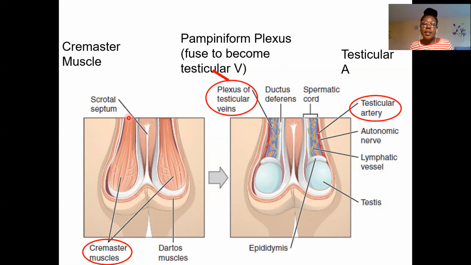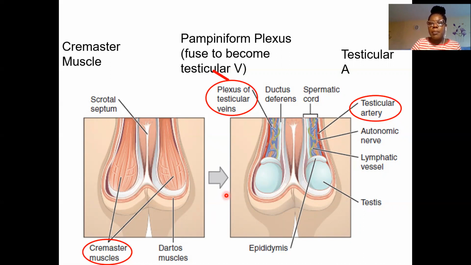So when the external scrotal environment becomes increasingly cold, the cremaster muscle will contract and help to drag or pull the testes up closer to the body cavity so that they can be exposed to a bit of the warmth that's associated there. So that is the cremaster muscle.